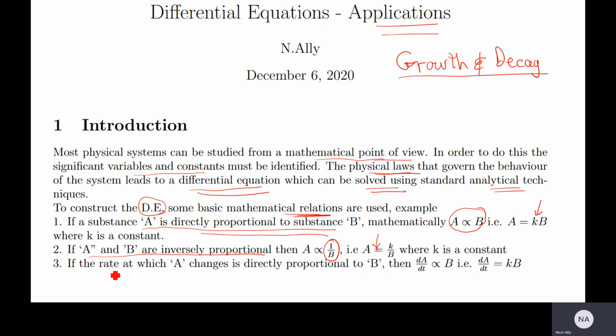Now the one that we're going to concentrate on is number 3, the rate. Now as soon as we look at rate, what are we looking at? With respect to time.